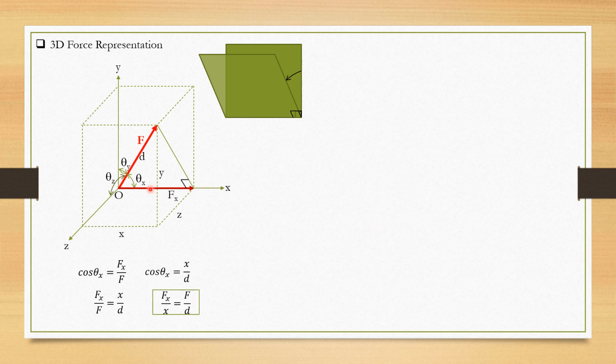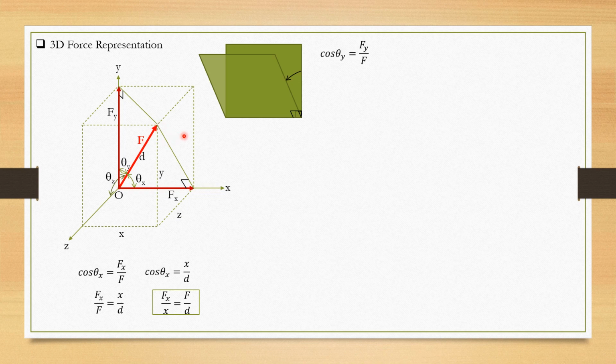So likewise, we next define cosine theta y, but before that we have to form or show Fy. So obviously, another right triangle is formed because this is vertical and this is the horizontal diagonal on the ceiling. So remember, the angle between the horizontal line and the vertical is 90 degrees. So that's why it's also 90 degrees there. So defining cosine theta y, which is equal to Fy over F, the hypotenuse.